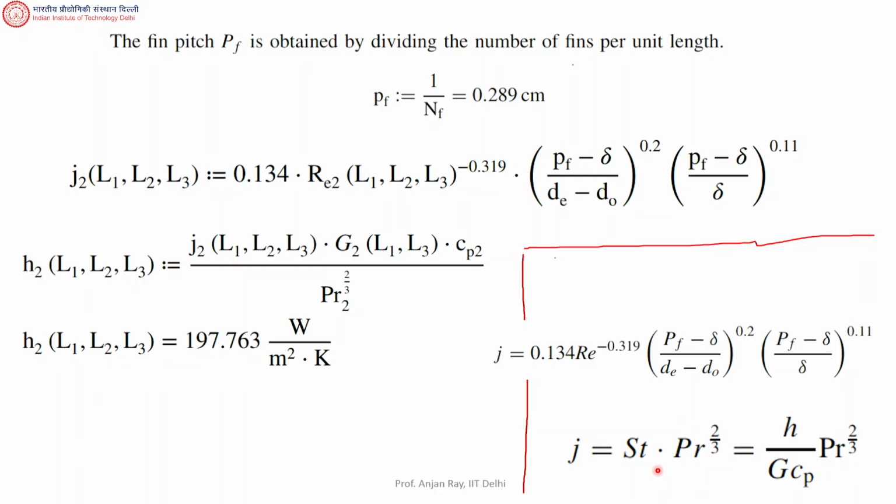This is Stanton number. So you can in fact calculate H. H will depend on this J, but the J you have already calculated using this expression. Right, so we got H, we have got J. And what is next?